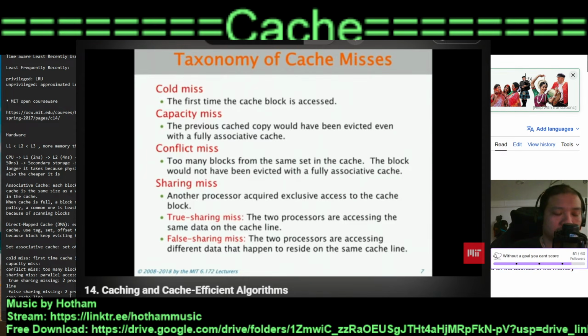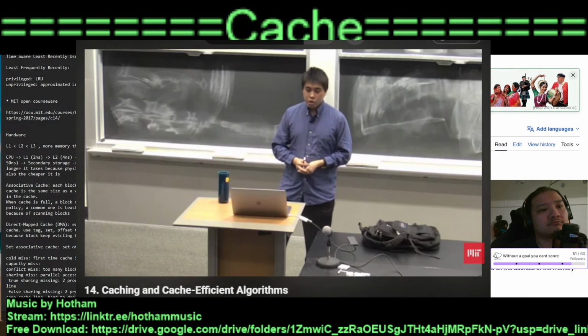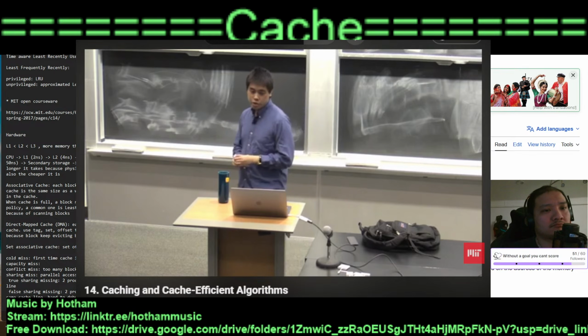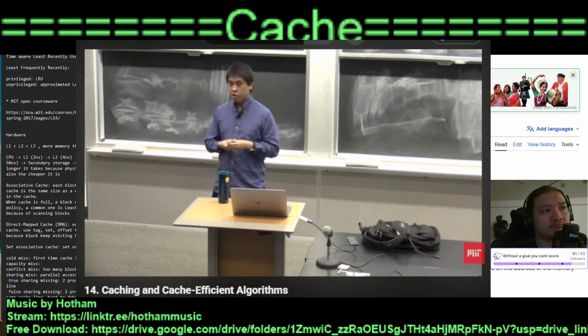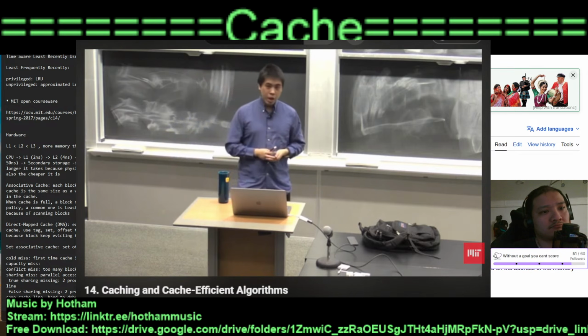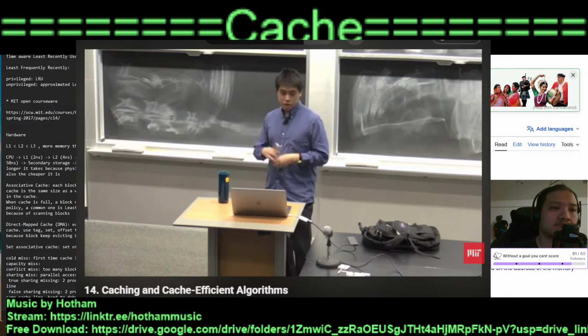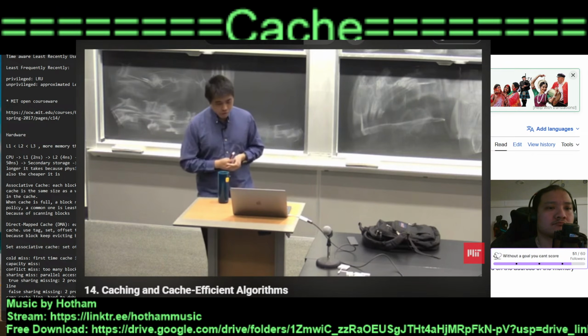There are certain heuristics you can use. For example, if you're mallocing a big memory region, you know that that memory region is contiguous, so you can space your accesses far enough apart by different processors so they don't touch the same cache line. But if you're just declaring local variables on the stack, you don't know where the compiler is going to decide to place these variables in the virtual memory address space.